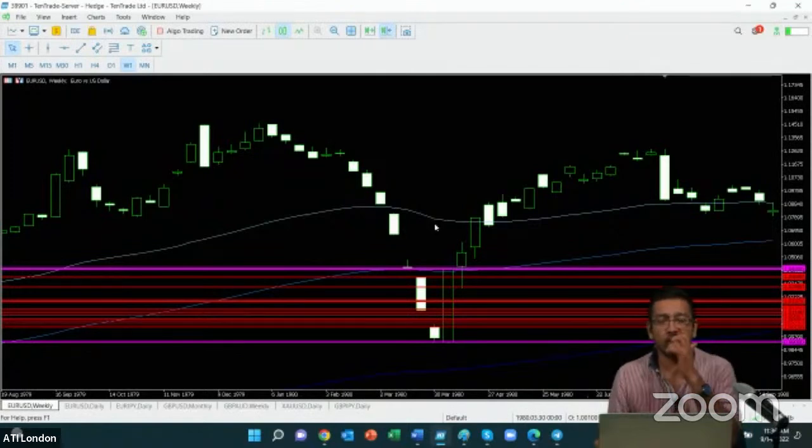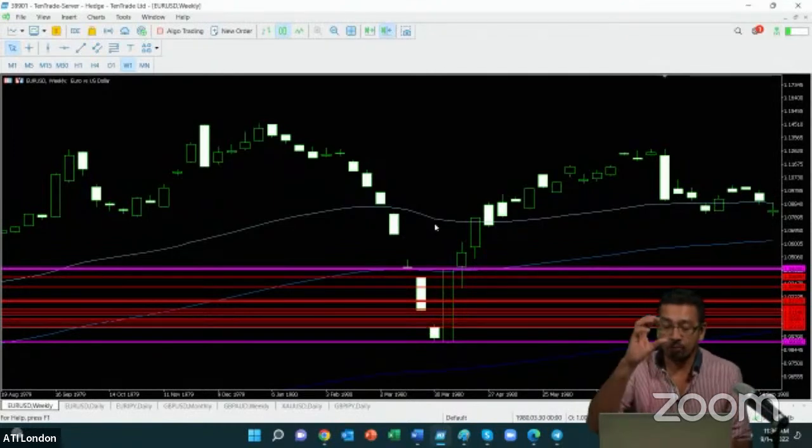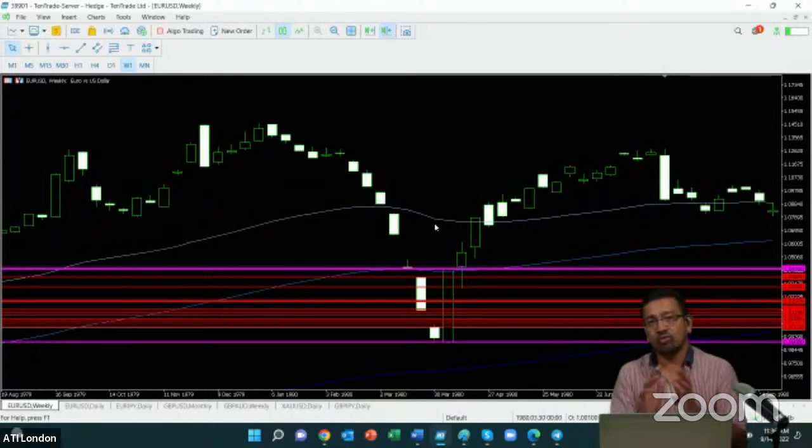What it means, very simply for those out there wondering, is that it has been driven by very strong decision, maybe by the banks, hedge funds. We don't know, and we don't need to know, but we know that this is a very strong mother candle, and it's worth 500 pips.